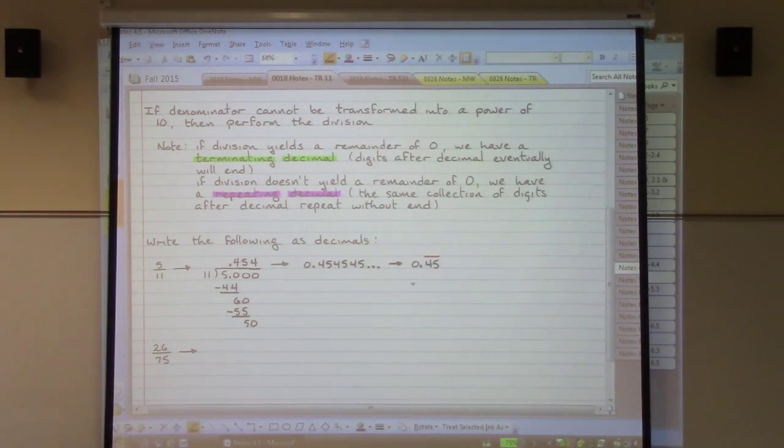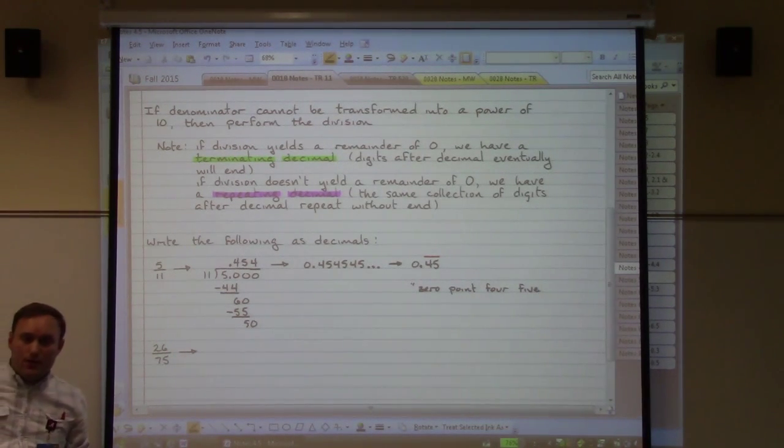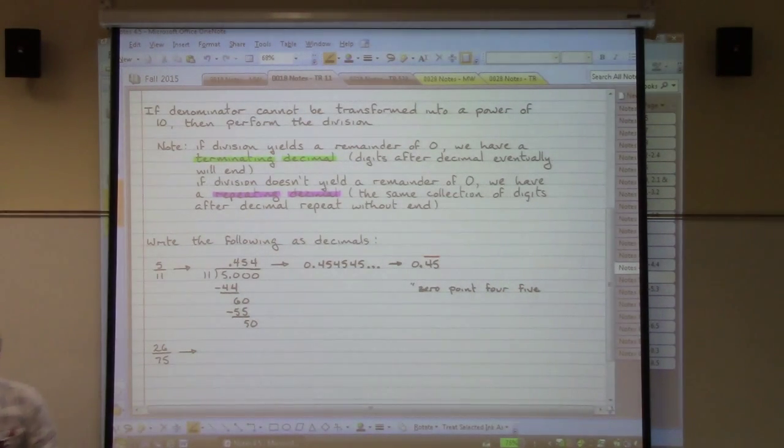And what we would say here, if we were trying to read this out loud, is something like 0.45. Now that's what we can read without the bar, but the bar is telling us that the 4 and the 5 are going to repeat, so in words, we're going to actually include that.